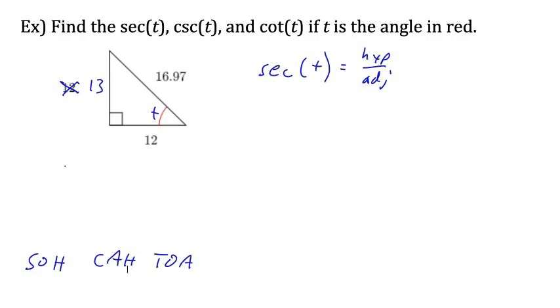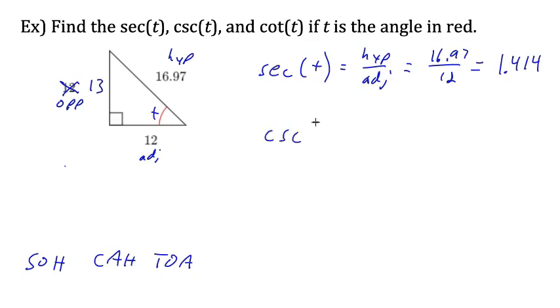So that's why it's the reciprocal of adjacent over hypotenuse. Okay, so that'll be 16.97, the hypotenuse. And we haven't labeled our triangle yet, so let's do that. The hypotenuse is the hypotenuse. From angle t, the 13 is the opposite leg. And from angle t, the 12 is the adjacent leg. So we want that 12. When we divide those, we get 1.414.